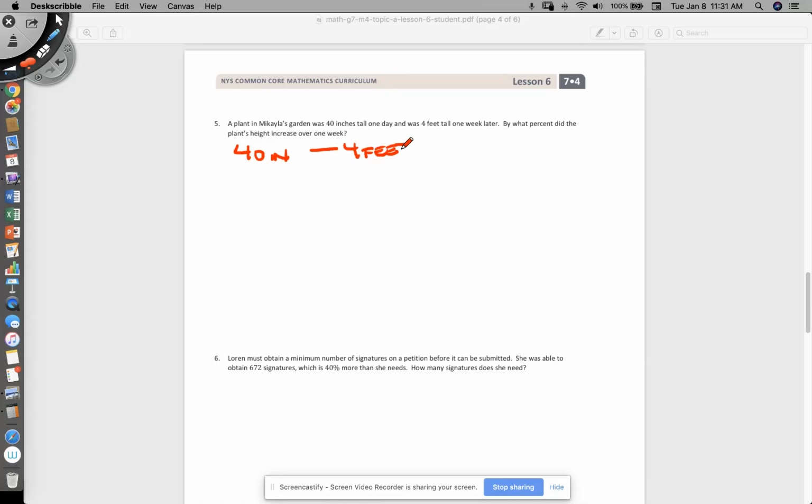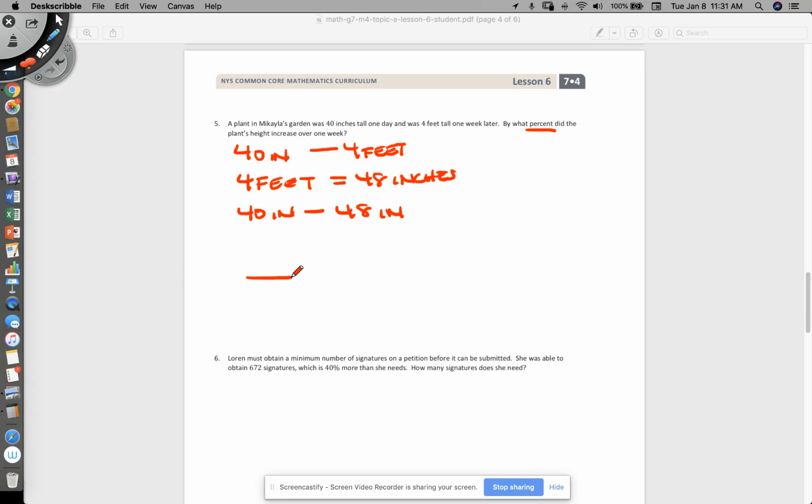So we need to fix that. So 4 feet is equal to 48 inches. So the plant went from 40 inches to 48 inches. And the question's asking, what is that percent?